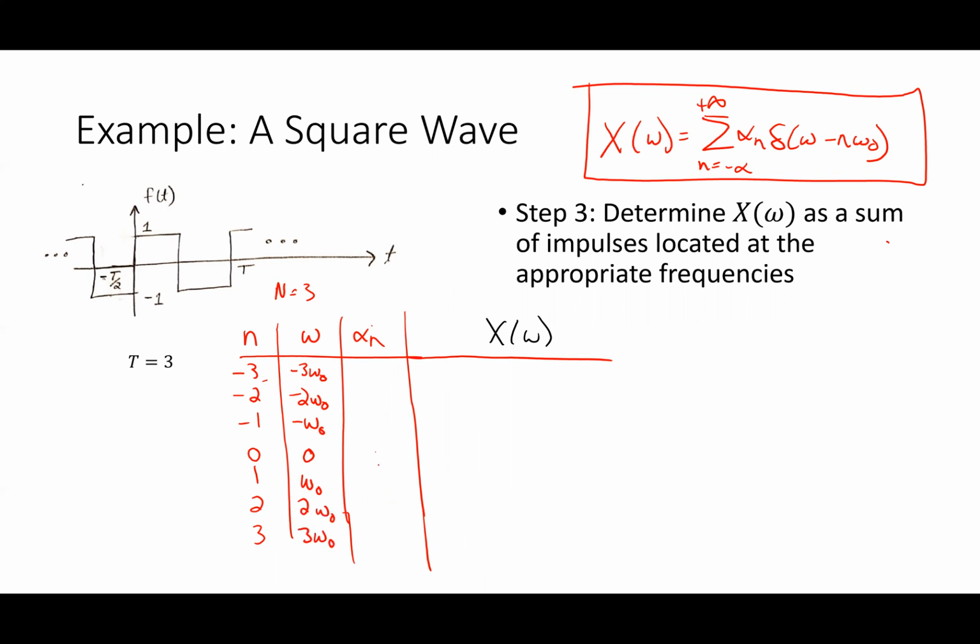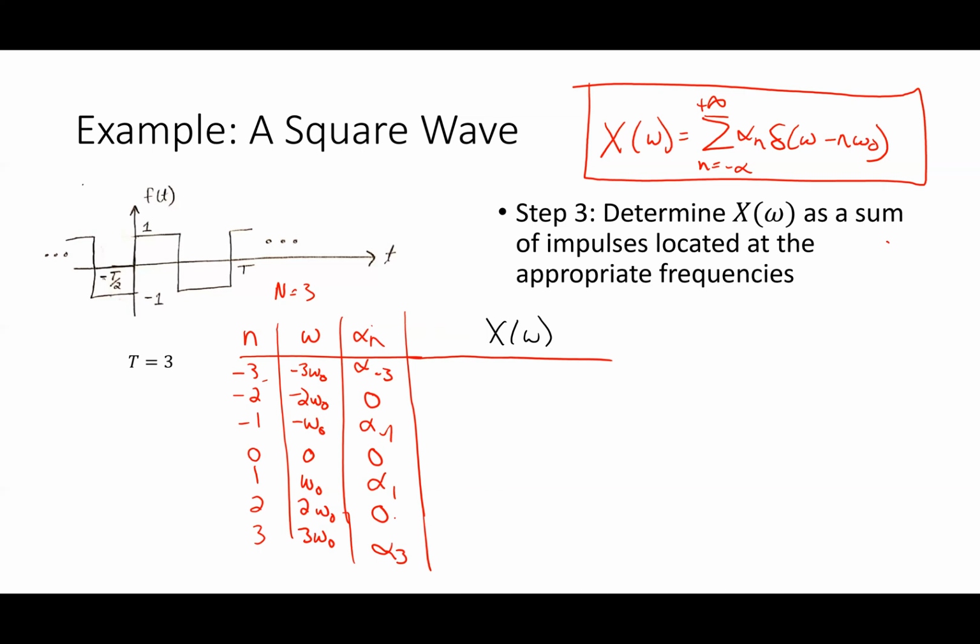For the ones where the alphas are zeros, I'm just going to put in zeros. For the others, I don't want to go through the details of putting numbers in; I want MATLAB to do that for me. So alpha -3, alpha -1, alpha 1, and alpha 3 are the non-zero guys.